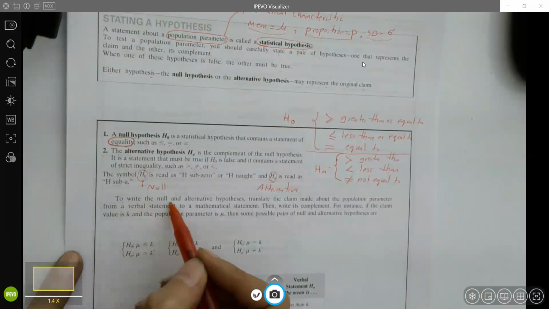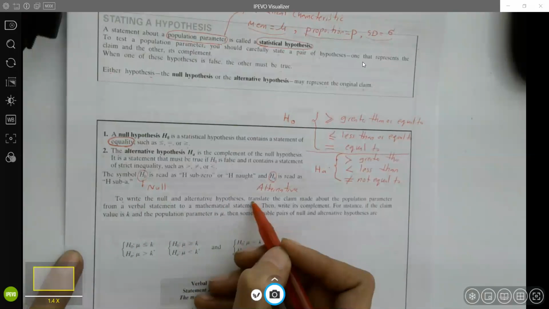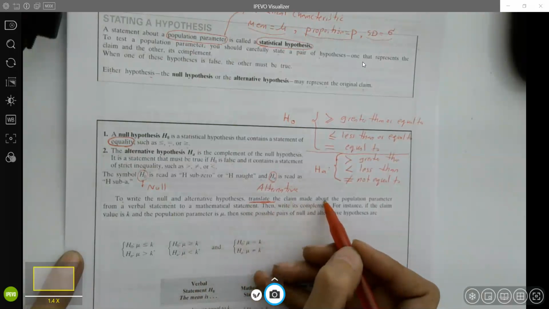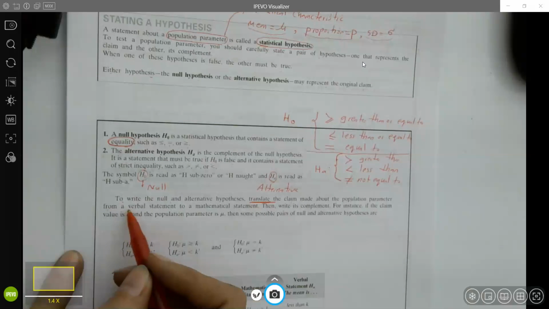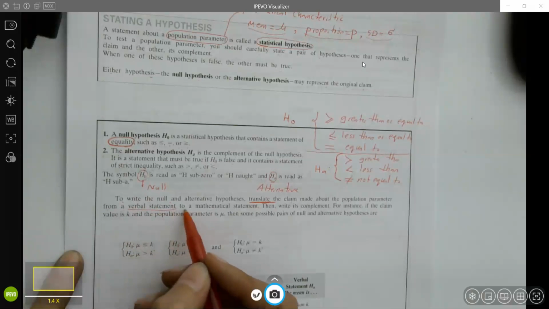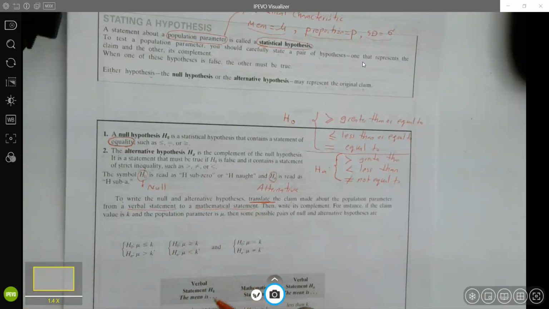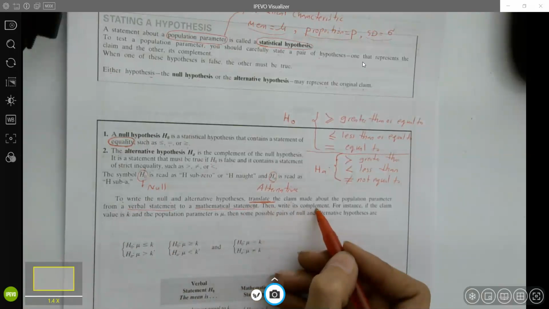To write the null and alternative hypotheses, translate the claim made about the population parameter from a verbal statement into a mathematical statement. Then write its complement.